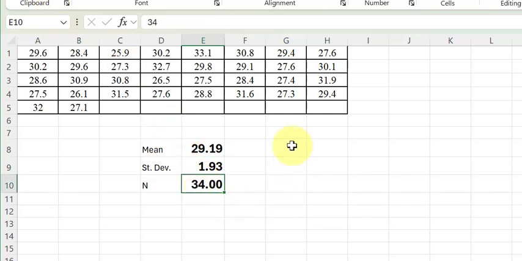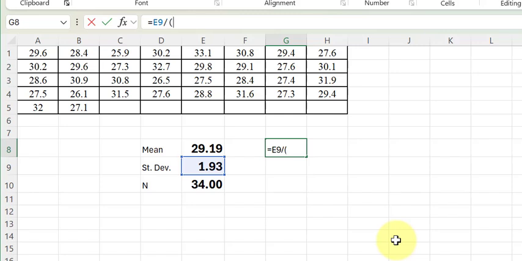So we're going to build our margin of error, which is, I'm going to show you some fascinating stuff. I'm going to type equals. So that tells Excel that the next thing coming is a formula that I'm going to make. So I want it to take the standard deviation, right? And we're going to divide it by the square root of the sample size. So let me show you how to do that.